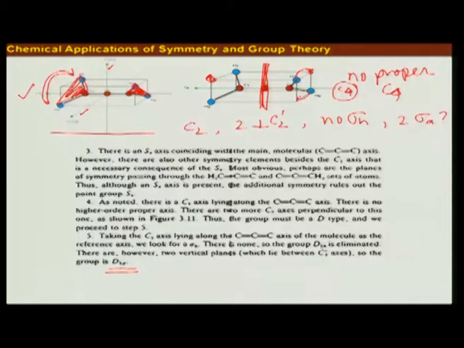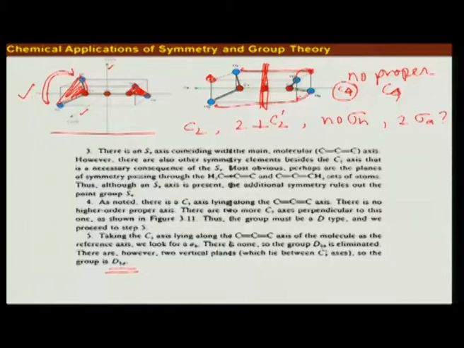So this will now go here, and then this one will go here, correct? Similarly, this part will also change accordingly, and ultimately you will get your original structure back, in this case an indistinguishable structure. So essentially this axis will act as an S4 axis.